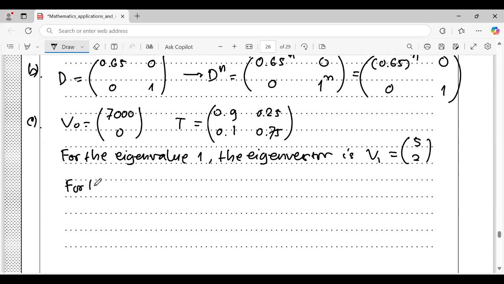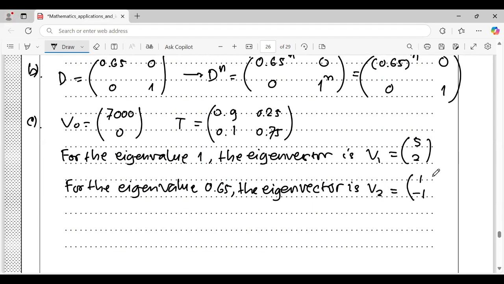And for the eigenvalue 0.65, the eigenvector is P2 equals 1 and minus 1.